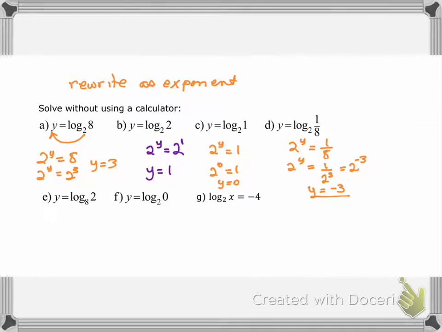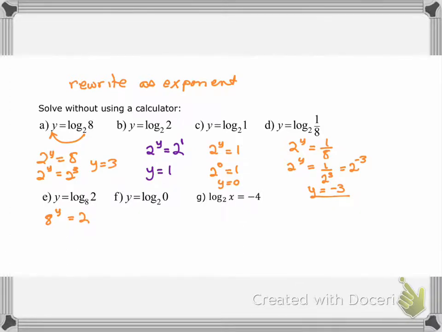All right, next couple. E. We've changed bases here, so this is 8. 8 raised to the y equals 2. Okay, so this is a little tougher. Since I'm going from a base that is larger than my result, I'm thinking something like square root, cube root, fourth root.